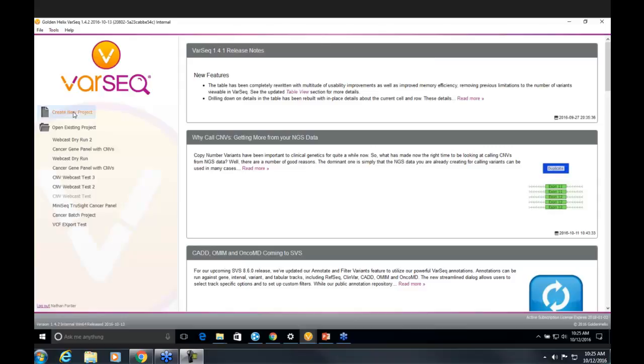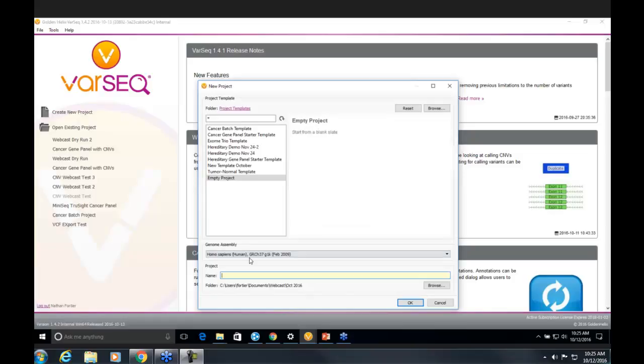And what we're going to do is we're just going to create a new project. This is going to be an empty project. Generally, what you would do is you would actually use an existing template that you had created that applies filters and annotations and that sort of thing. But for now, we're just going to import variants into an empty project with no filters or annotations.